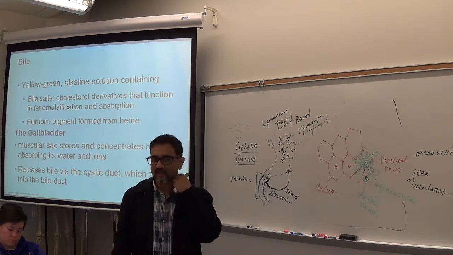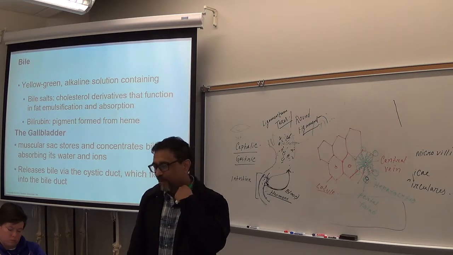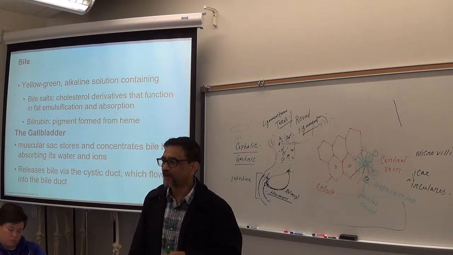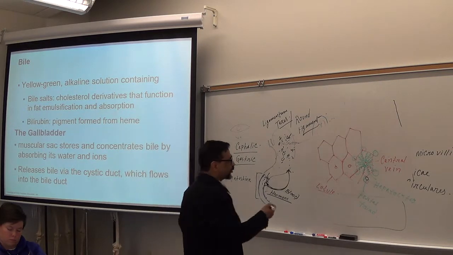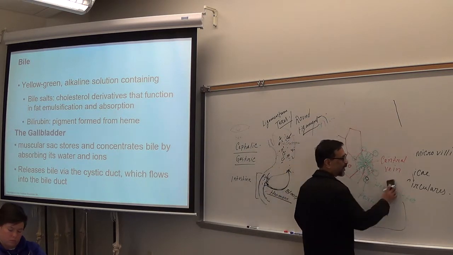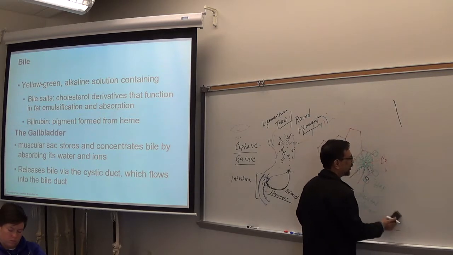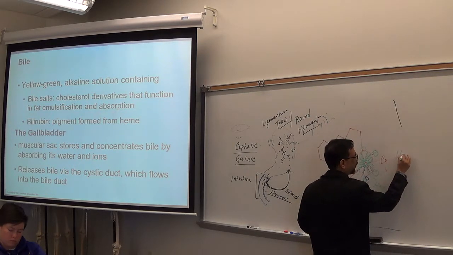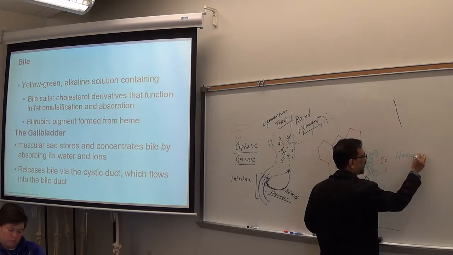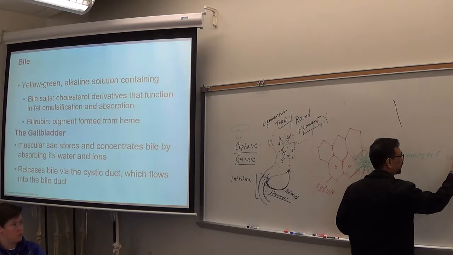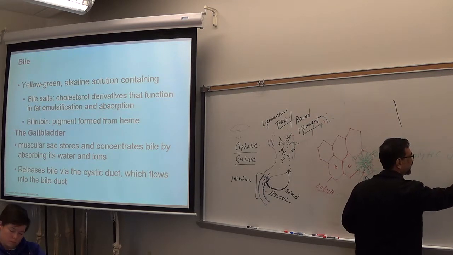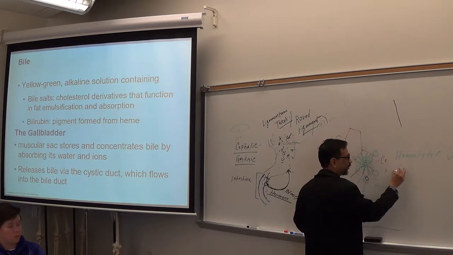Make sense? So, there are two types of jaundice. One is called hemolytic jaundice, another is called obstructive jaundice. Have you heard that? Yeah. Hemolytic jaundice. And another is called what?